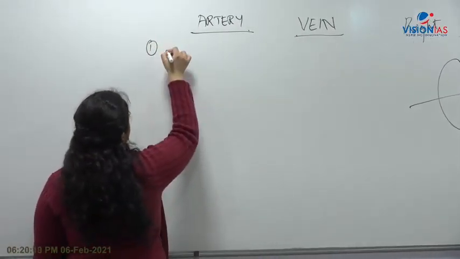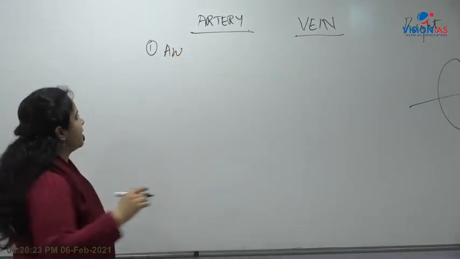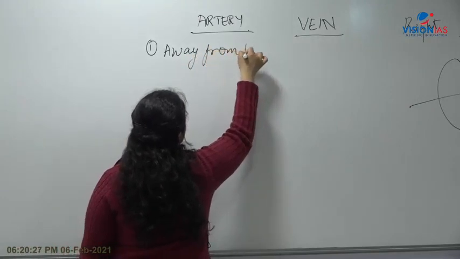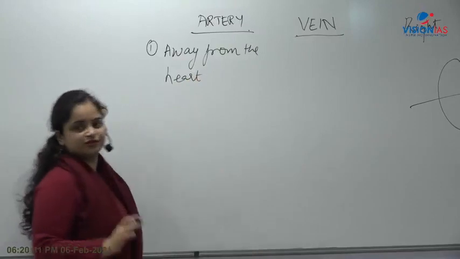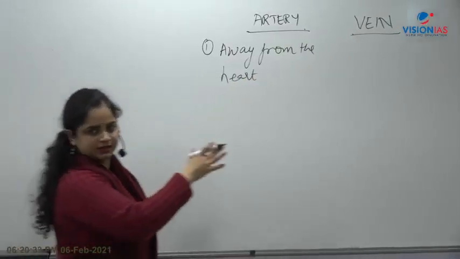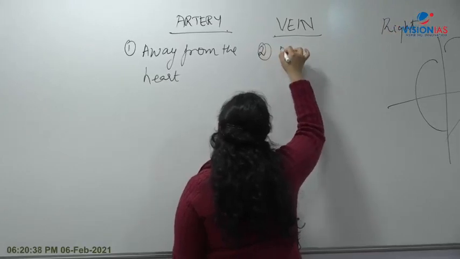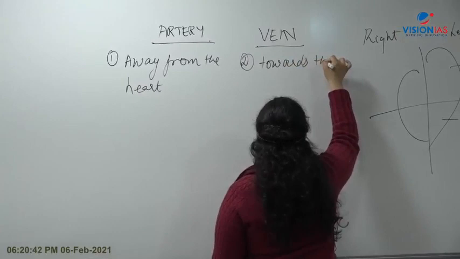Arteries are blood vessels which take blood away from the heart. We're going to see the function of different arteries right now. We're going to see how circulation works. Veins, on the other hand, bring blood towards the heart.